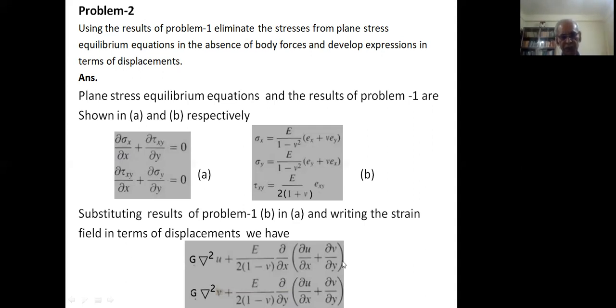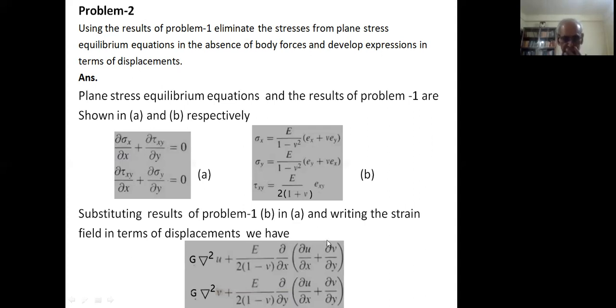That is not shown here. Plus E by 2(1 minus mu) del by del x of (del u by del x plus del v by del y) equal to 0. Similarly, G Laplacian V plus E by 2(1 minus mu) del by del y of (del u by del x plus del v by del y) equal to 0. The equal to 0 is missing here.